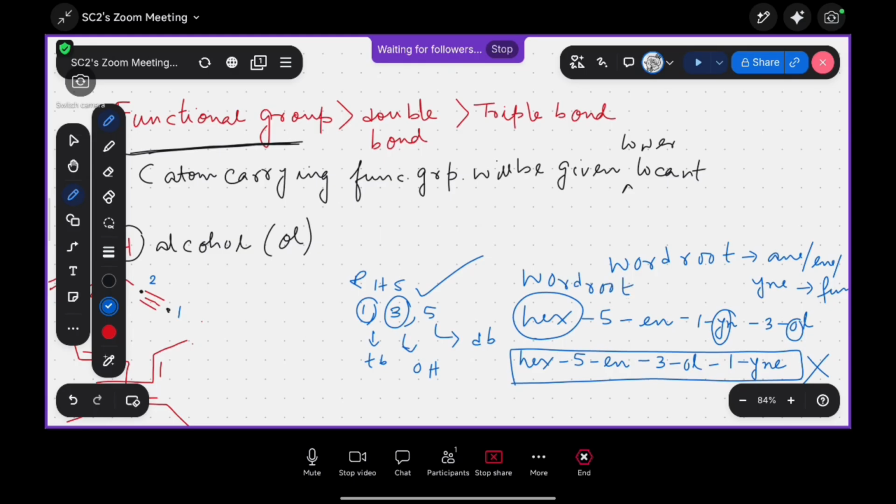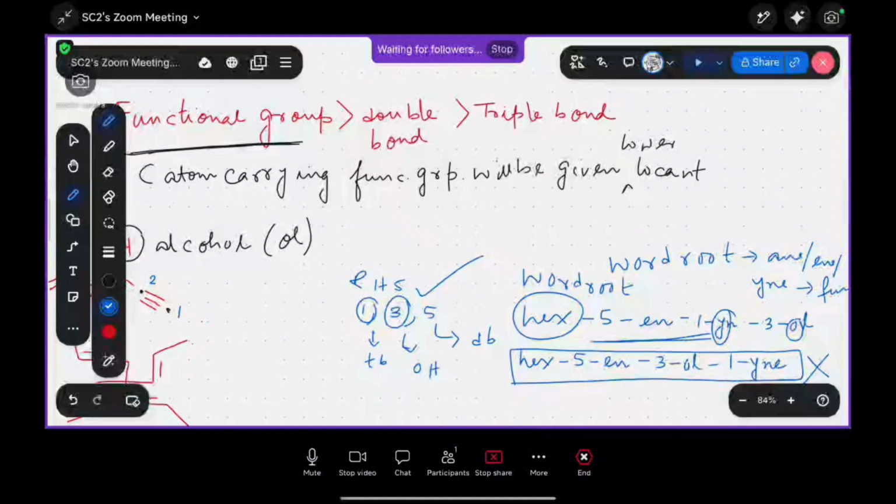After the word root, we simply mention the nature of carbon-carbon bond. We are having carbon-carbon double bond. We are having carbon-carbon triple bond as well. Then we move to the functional group. That is ol. 3 ol. At the third position, we are having alcohol. And for alcohol, we use the suffix ol.